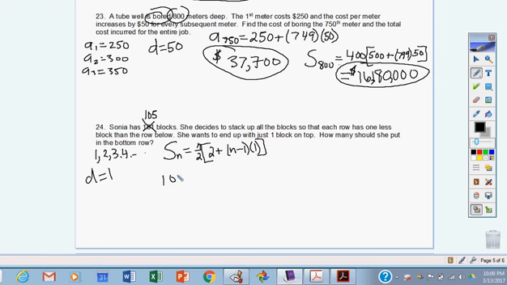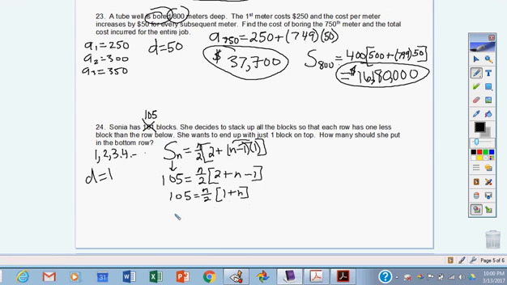We do have 105 blocks. So that basically turns into 105 equals n over 2 times, well, when that distributes through, we'll have 2 plus n minus 1. And then we'll have 105 equals, and then I can just keep it like this. 2 minus 1 is 1 plus n.